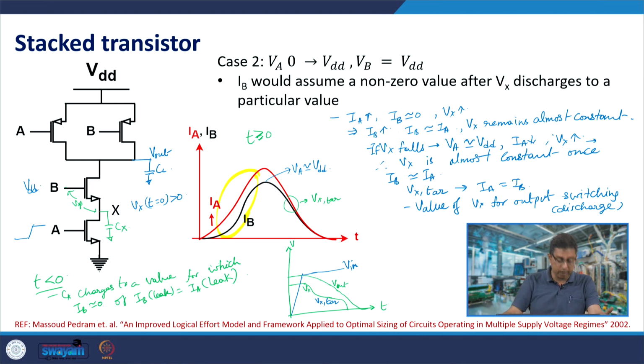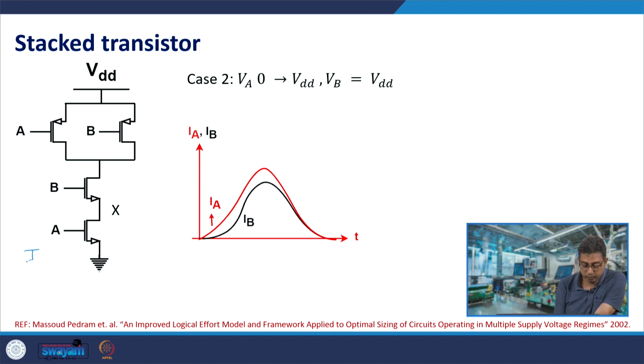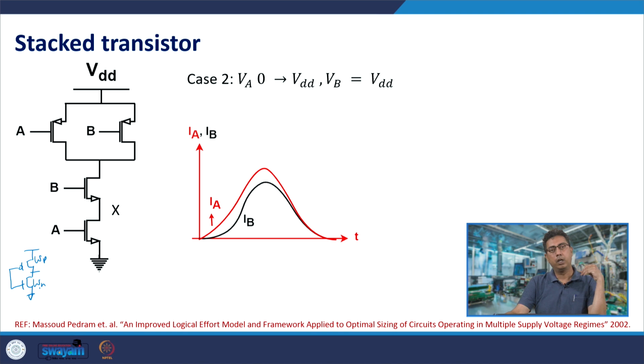If we find its value, then we would be able to estimate the current Ib which discharges the output node, and that current we match with the reference inverter's discharging current. This is the reference inverter. So we would like to estimate an approximate value of Vx target, Vx star.